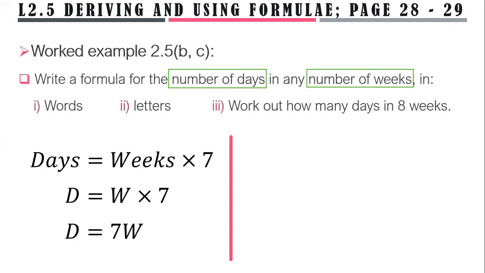Now, if I have 5 weeks, how many days are there in 5 weeks, Omar? How do you know? 7 times 5. Why did you choose 7? Because there are 7 days in the week. Thank you. So what's your formula?